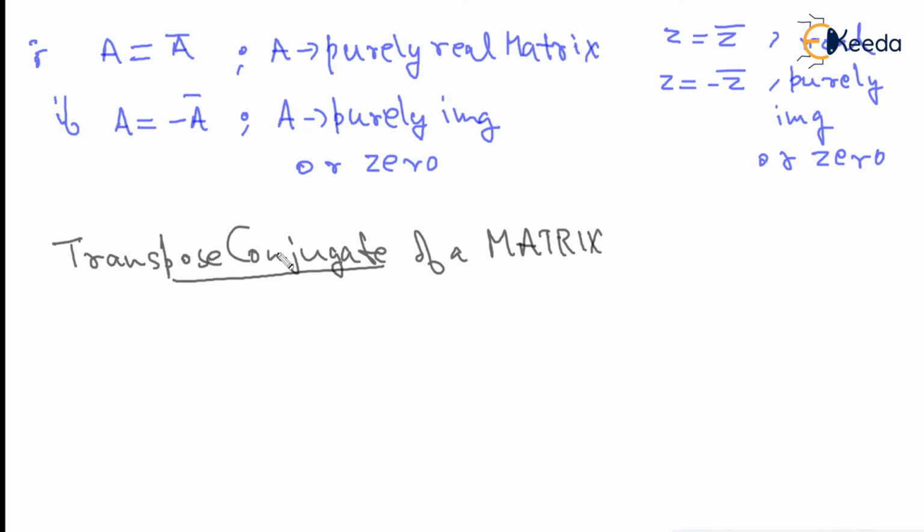The answer is no. It doesn't matter whether you find the transpose first or the conjugate first. So how to denote it? It is generally denoted like this, or like this, or like this, or you can change the order also, right?